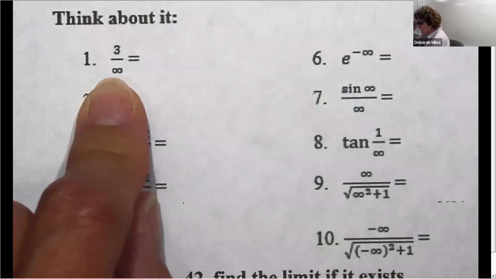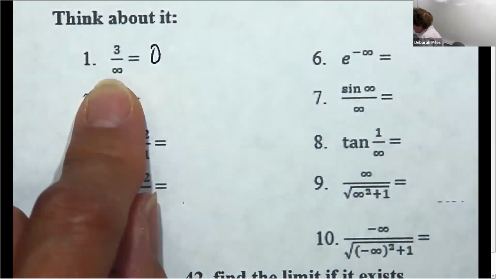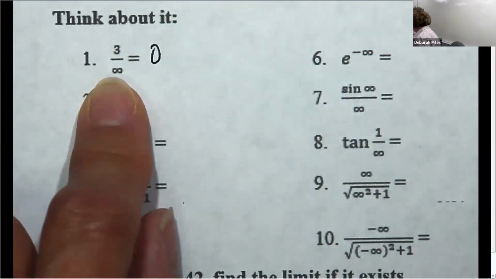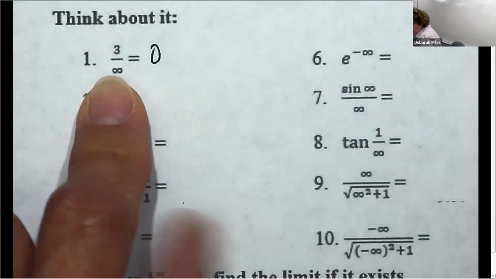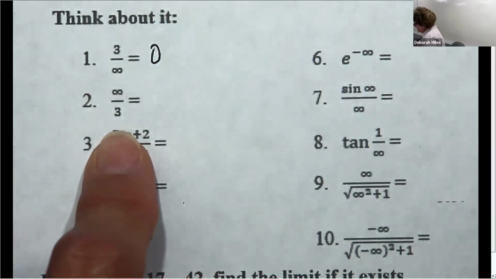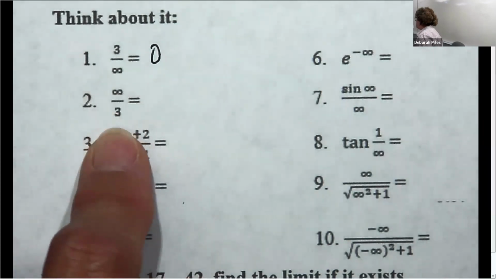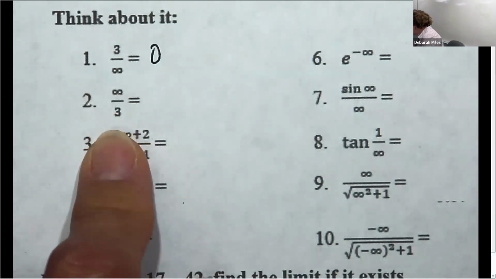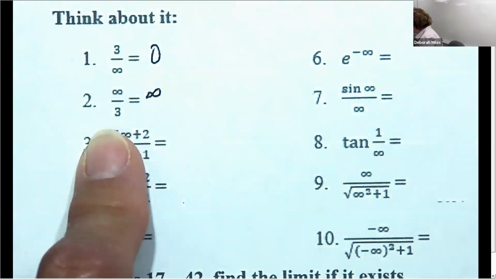Pie is such a tiny, tiny piece that it's safe to say everybody's getting about no pie. What about infinitely many pies divided among 3 people? How many pies does each person get? A lot of pies. Infinitely many pies, actually. Infinity divided by 3 is still pretty much infinity.